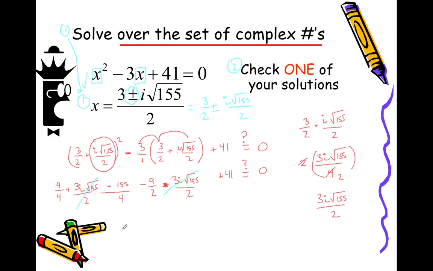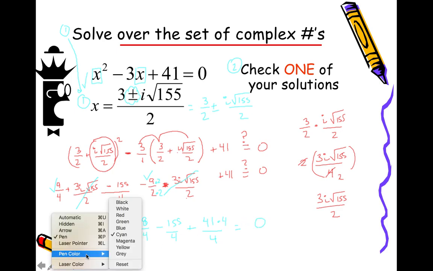So what do I have left? I have 9 over 4 minus 9, oh dagger, minus 9 over 2. Hey, isn't that 18 over 4, right? Times 2 times 2. So check, check, and then minus 155 over 4 plus 41 times 4 over 4, right?